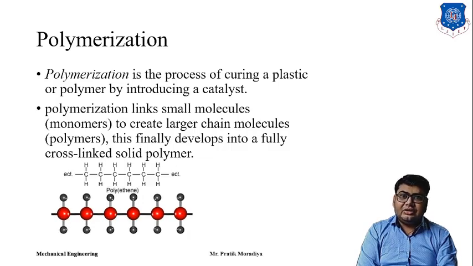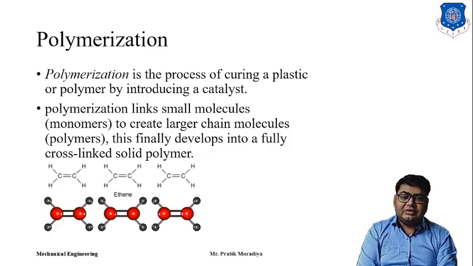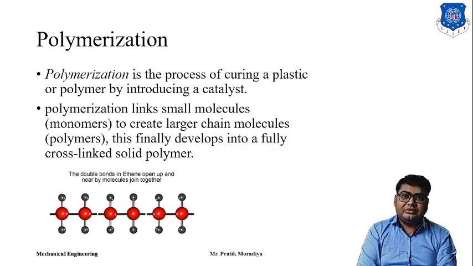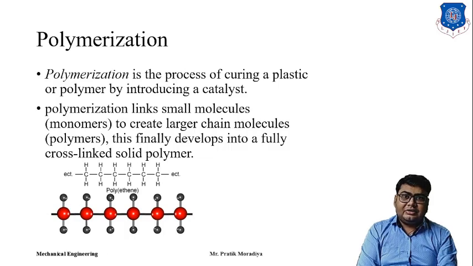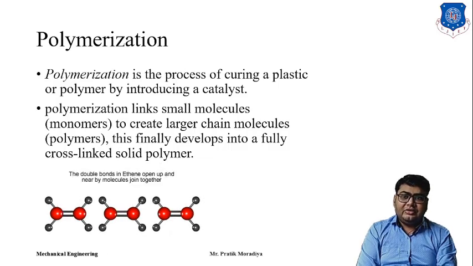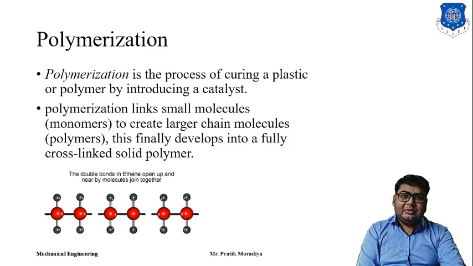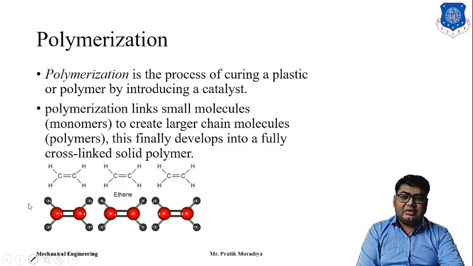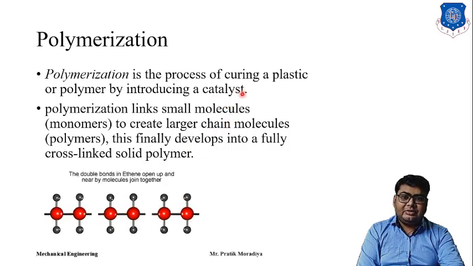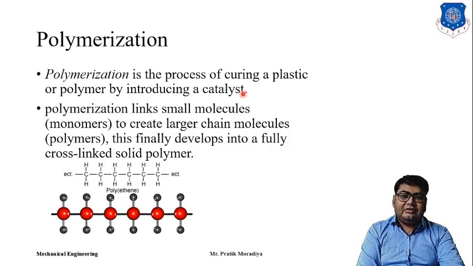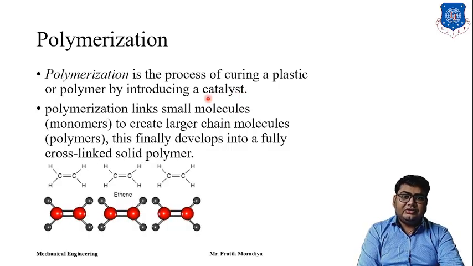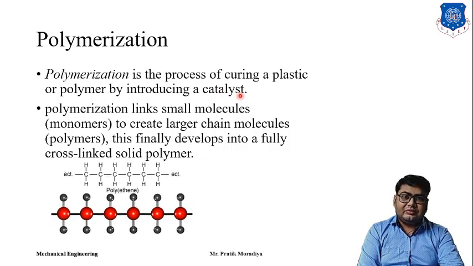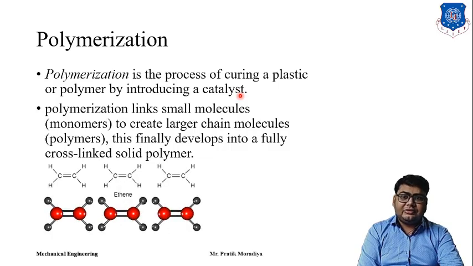So the catalyst does not take part in the process actively, but it will help initiation of the process and make sure that the process happens. So in polymerization we also need something which is called a catalyst. In most polymerization processes, there will be a catalyst which helps the starting of the process.